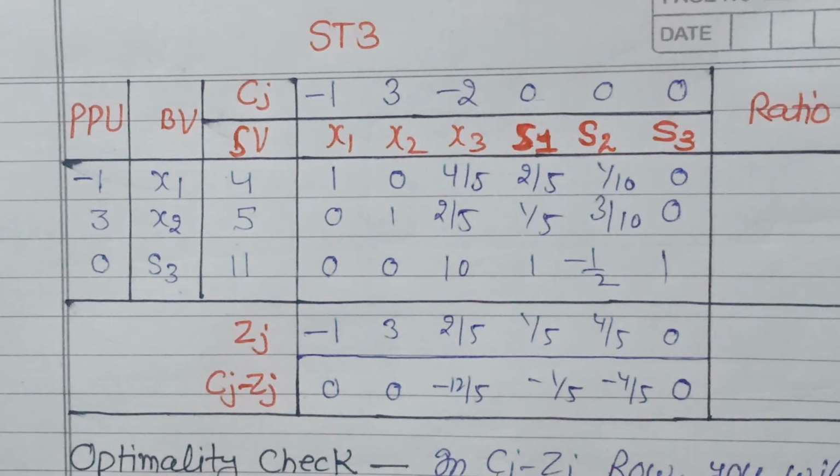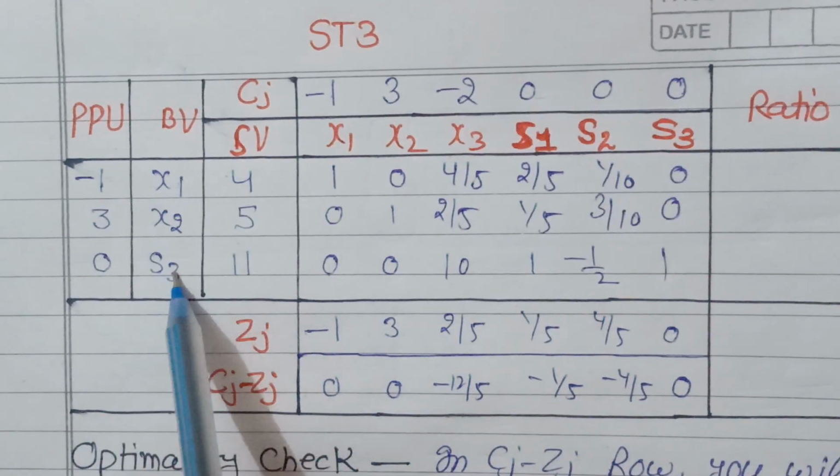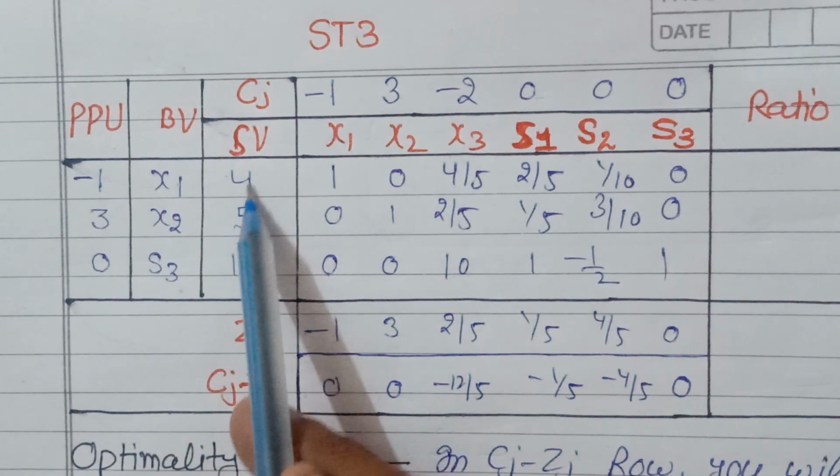Now we will find the values of different variables for the optimal solution and the optimal value for the LPP. In this table, these are the variables and these are their values for the optimal solution.